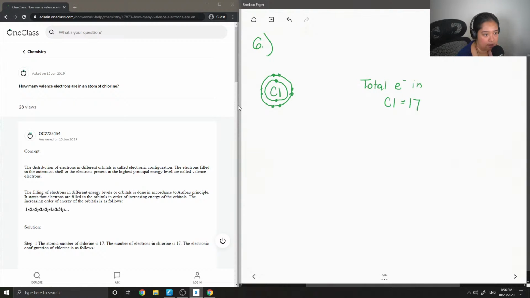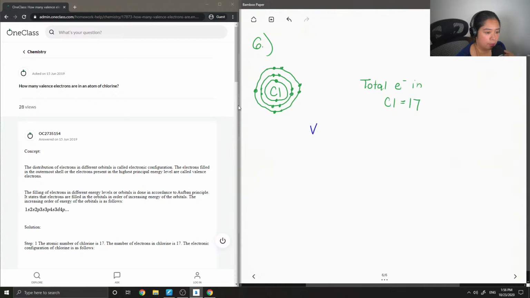So that is 10 in total. So I'm going to need one more ring of electrons, and I need to count out 7 more. So 1, 2, 3, 4, 5, 6, 7.